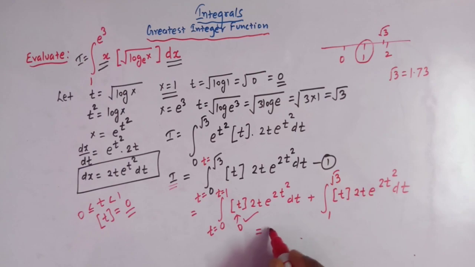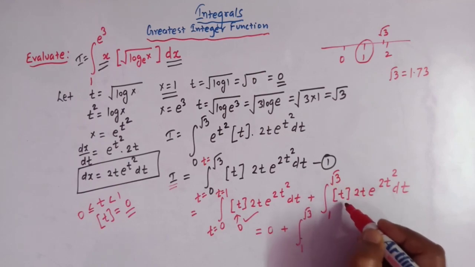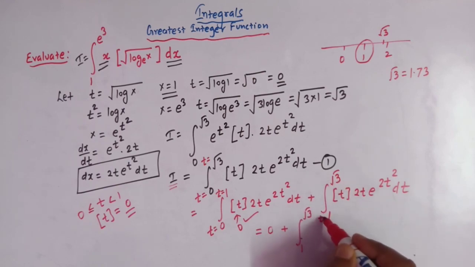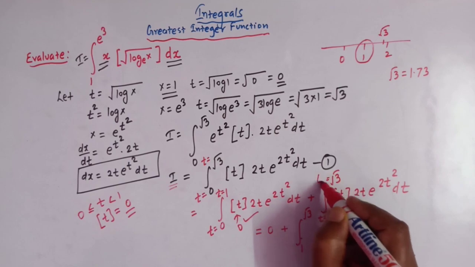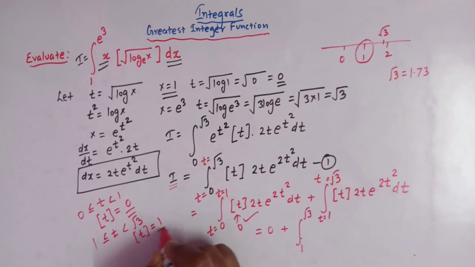So now this is 0 plus, and see, we have the second integral, right? And here t varies from 1 to square root of 3. So when t lies between 1 and square root of 3, then the value of the greatest integer of t must be equal to 1, right?